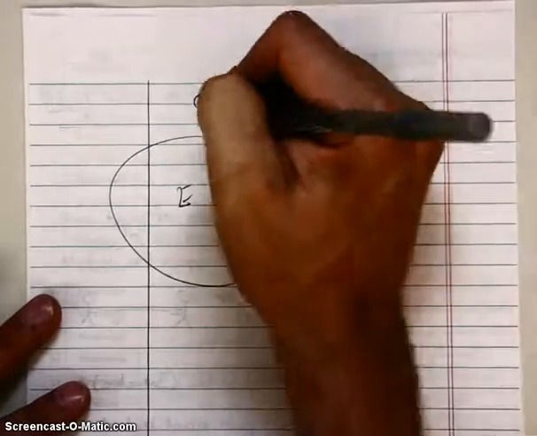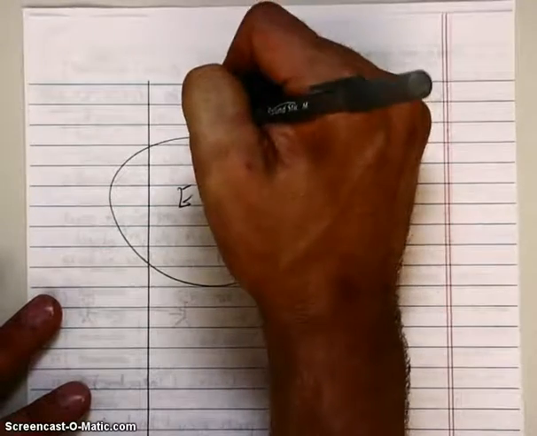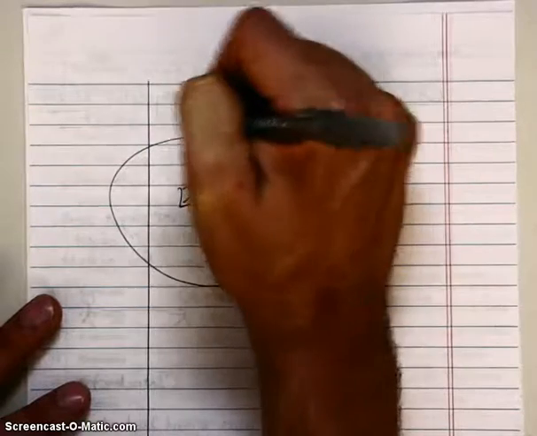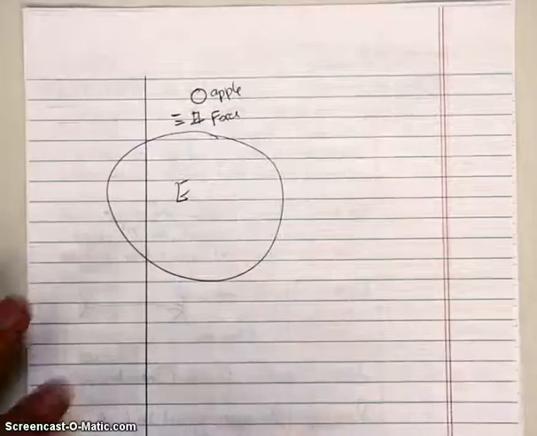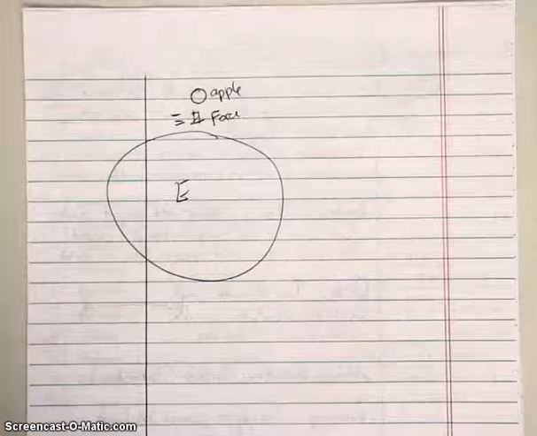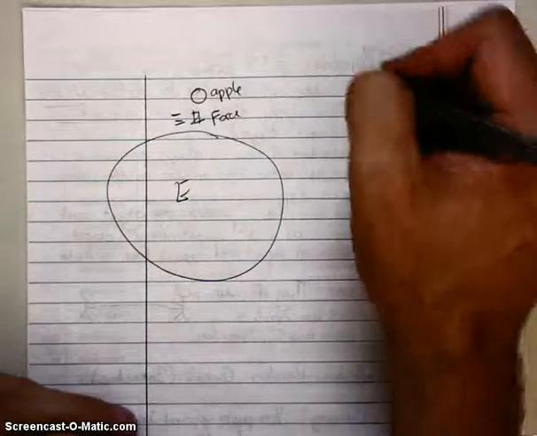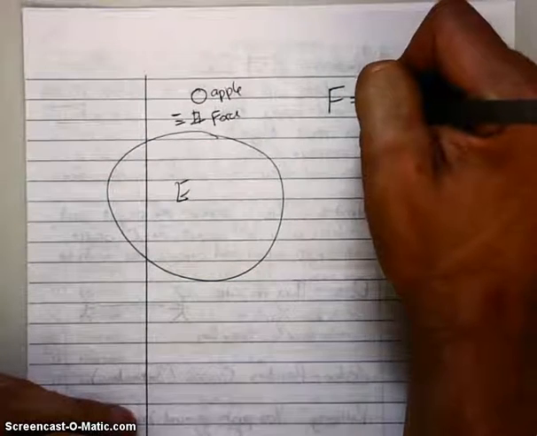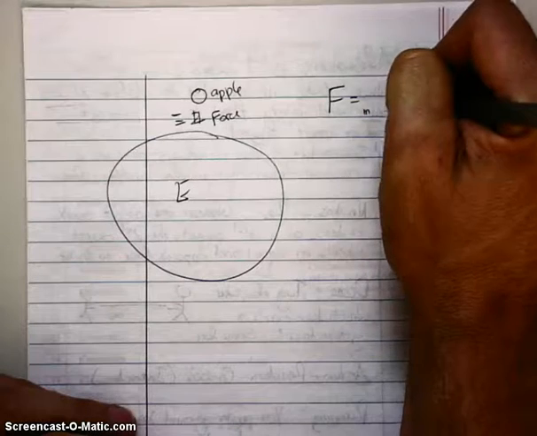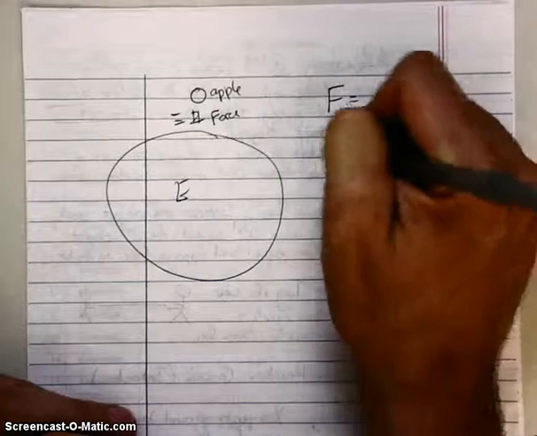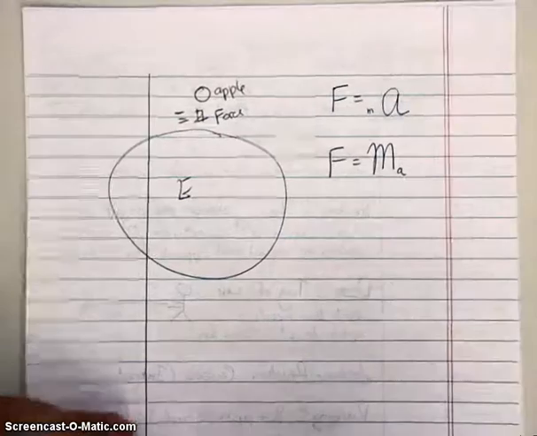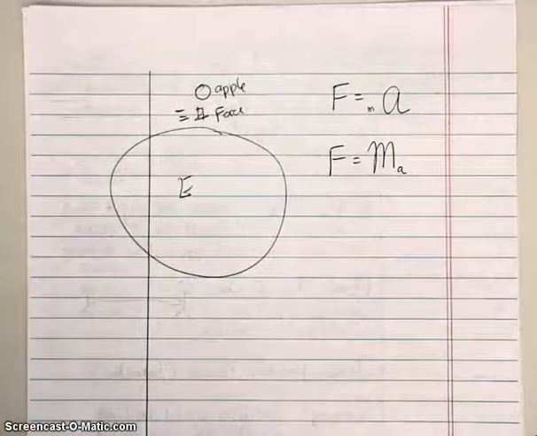earth. And what we're saying here is the force in between these is the same. That's an equal sign. So the force is the same between these two things. So F equals, I'm going to do little m, big A, and I'm going to do F equals big M, little a. So you were thinking, why'd you draw that? What's up with that?